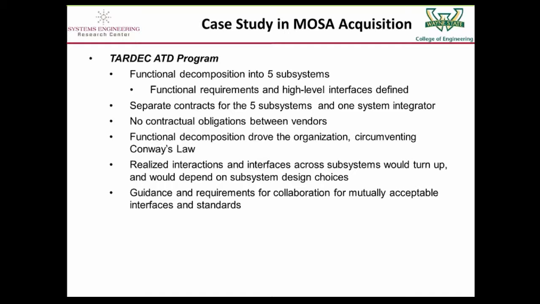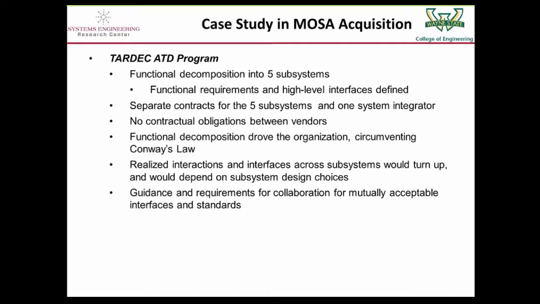If I've got a department that does running gear and a department that does powertrain, my system would be organized into powertrains and running gears and communications or whatever. So Conway's law is that, typically the architecture of the system reflects the organization that built it, but this way they were actually able to circumvent that principle.